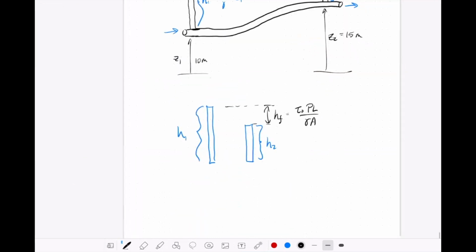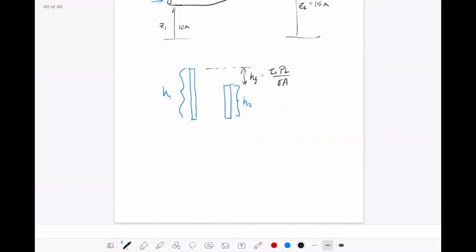So to add another note, if our pipe has an area A, perimeter would be equal to pi times d.